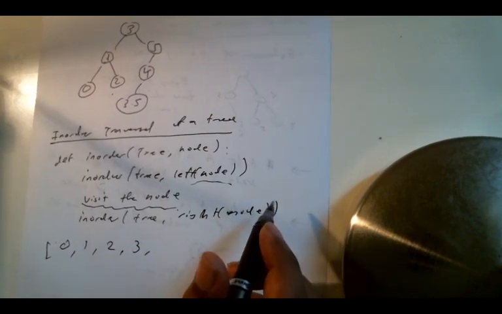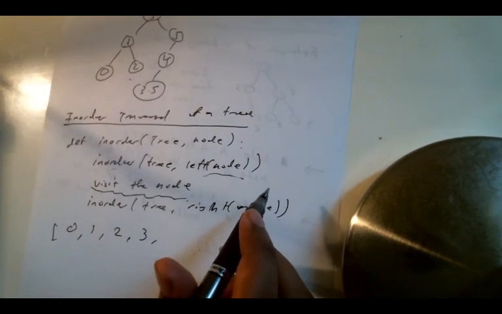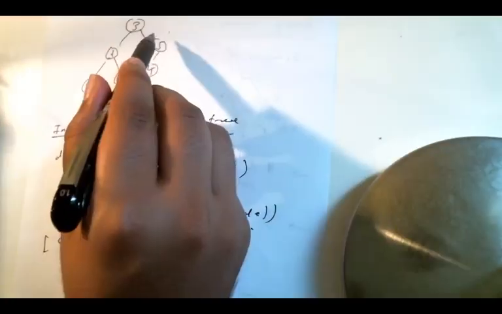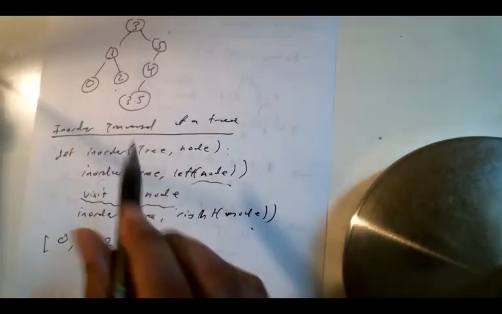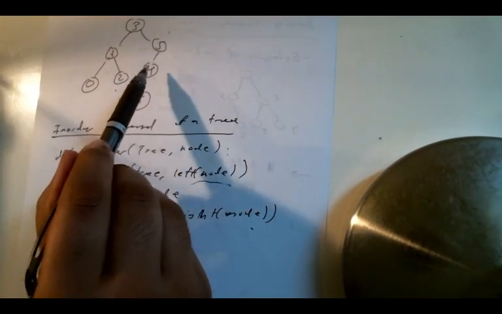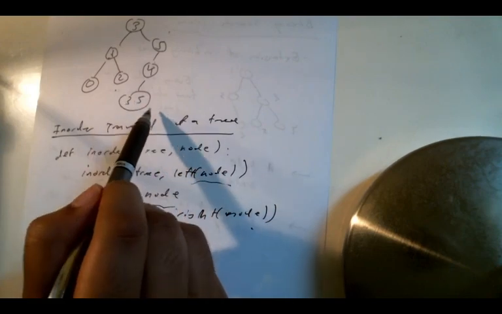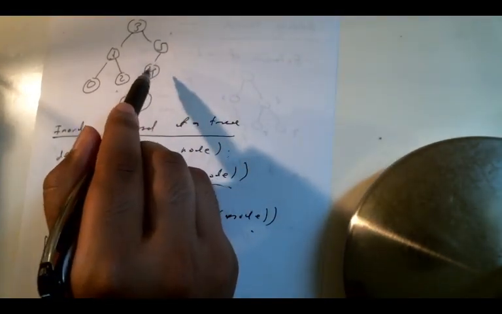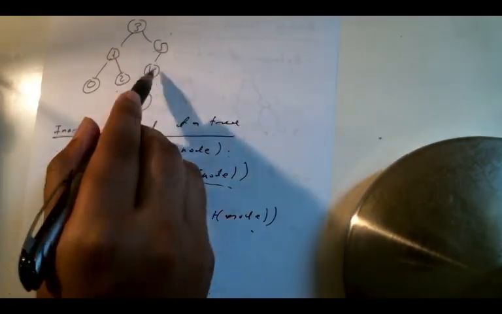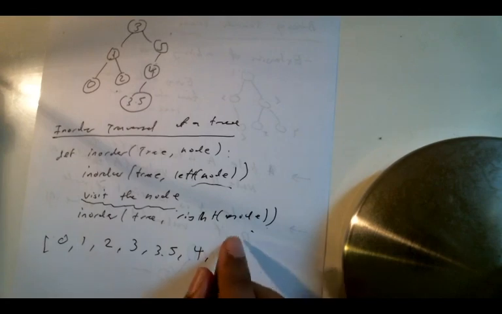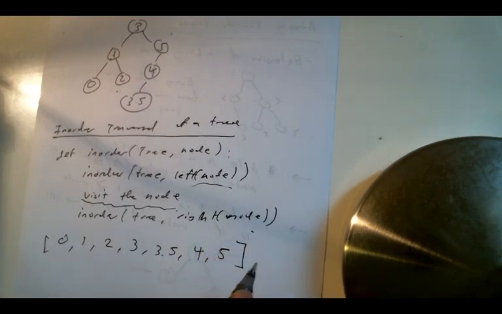And now we visit the right subtree of 3. Then we visit the left subtree of 5, the left subtree of 4, and we get to 3.5, and so forth. It does not have a left or a right. We write it down. We go back. Now we write down 4. It doesn't have a right subtree. We write down 5. It doesn't have a right subtree, and we are done.